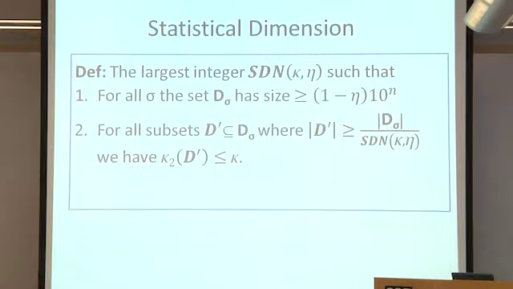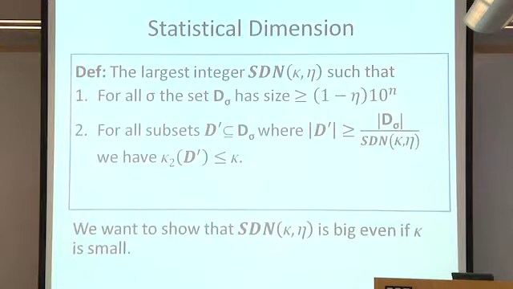And then we also want to say that for all subsets D prime of D sigma, where D prime is sufficiently large, larger than the size of D sigma divided by the statistical dimension, the discrimination norm is smaller than kappa. So that's a mouthful, but our goal is to show that the statistical dimension is large even when this kappa term, this discrimination norm, is small.